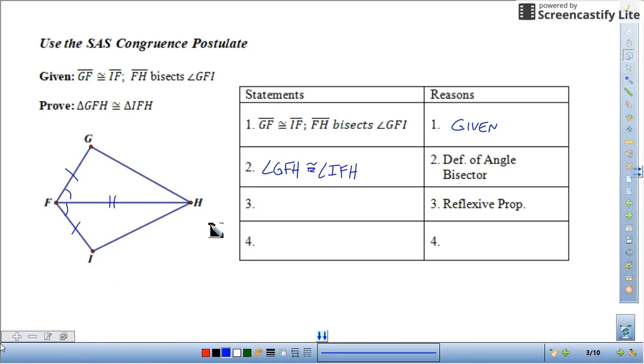So we know that it's congruent to itself, and that is based on the reflexive property. So we have shown that we have corresponding sides congruent, an included angle, and another corresponding side congruent that's adjacent. So we see that side, angle, side congruence postulate in play here, so we know that the triangles must be congruent.